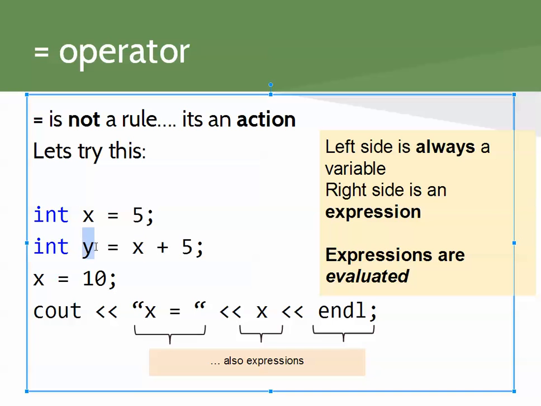Y will be 10. The next thing I do is reassign x to be 10. That does not mean that y will now be 15. Y is 10, and y will be 10 until I change the value of y. It's critical that you understand that. When I print this out, x will print out at 10, and if I print out y, y will print out at 10 as well.